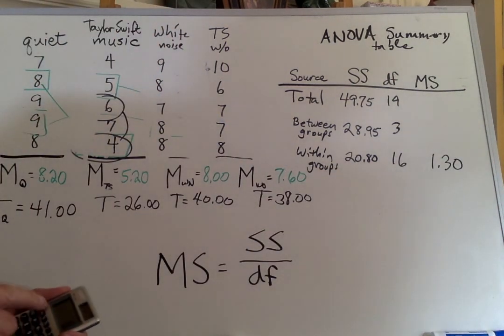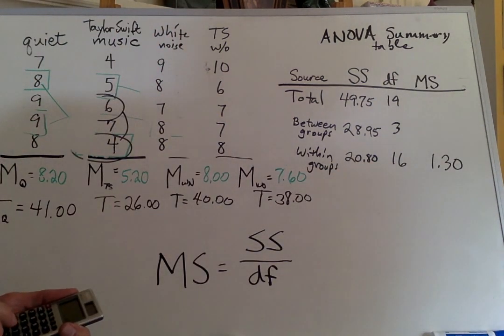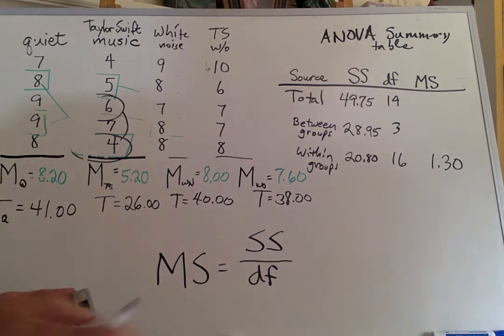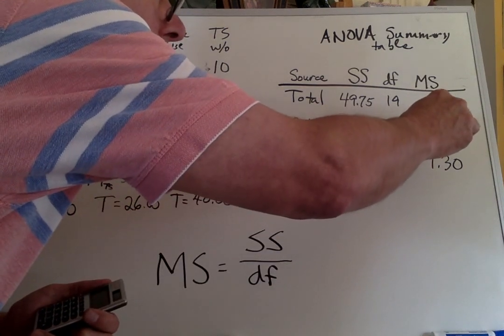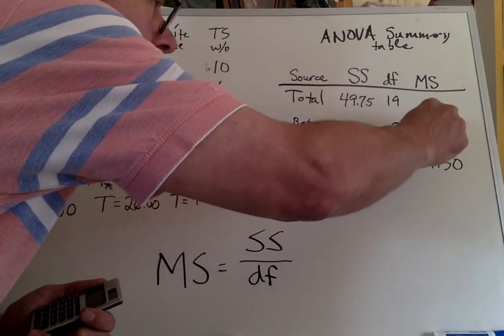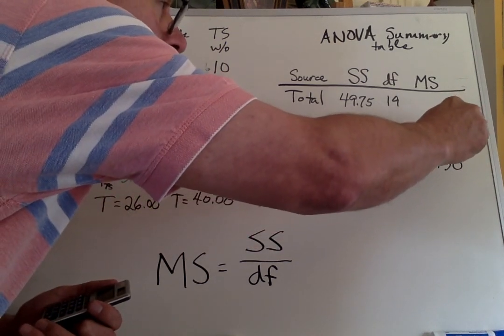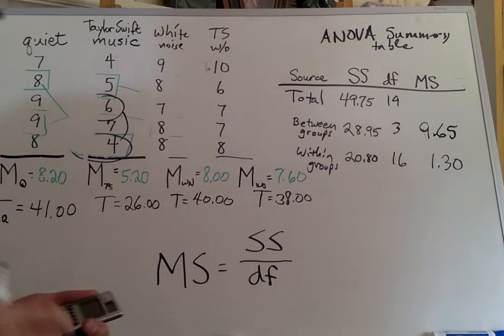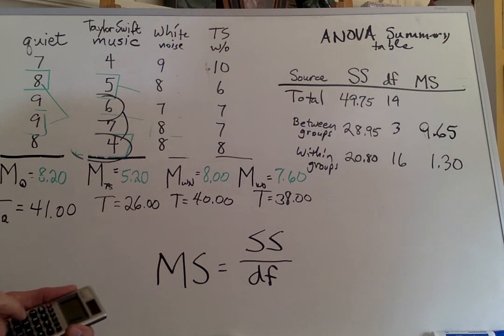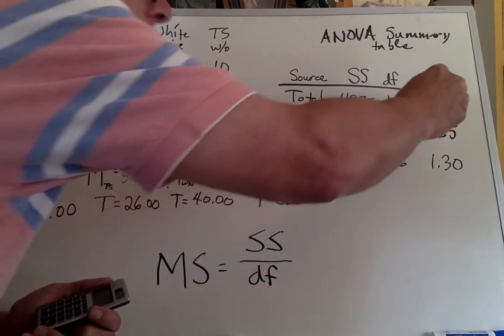Okay? What about for the between? Well, it's 28.95 divided by 3. So 9.65. Okay? And we'll do the total, even though we don't need it. 49.75 divided by 19 equals 2.62.